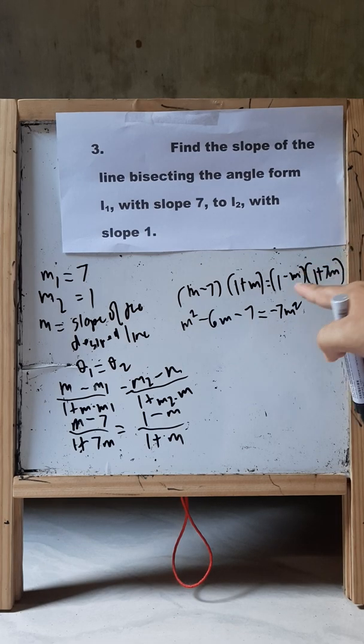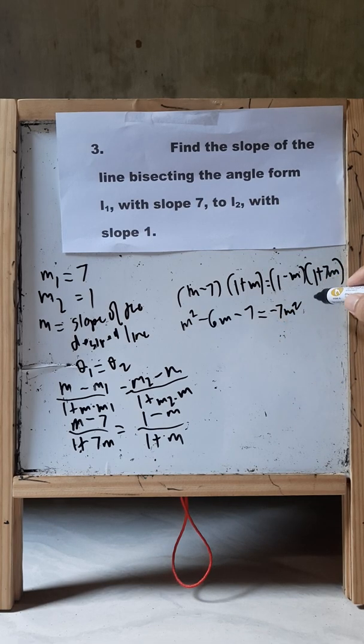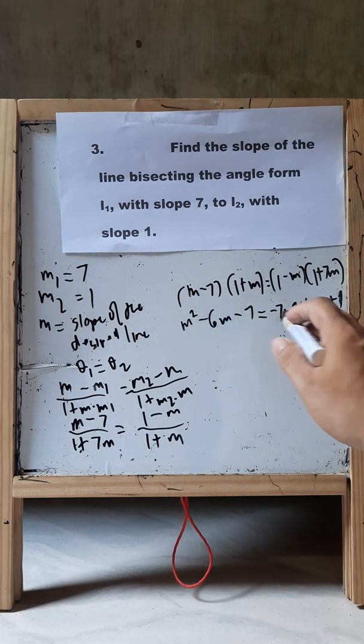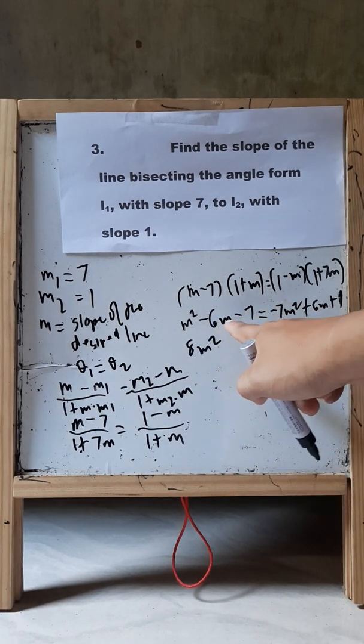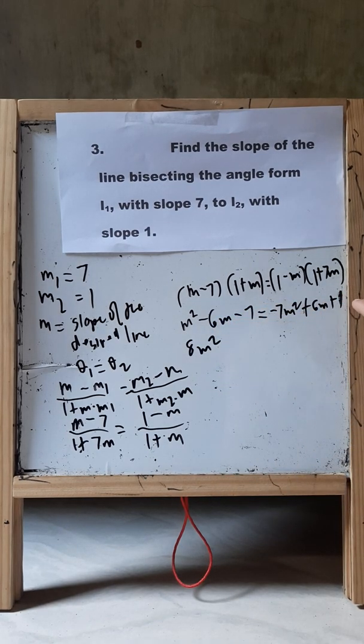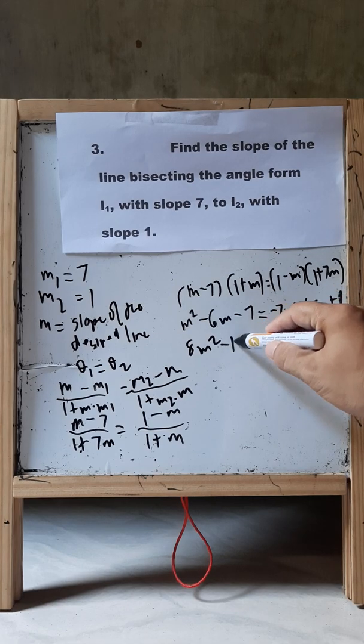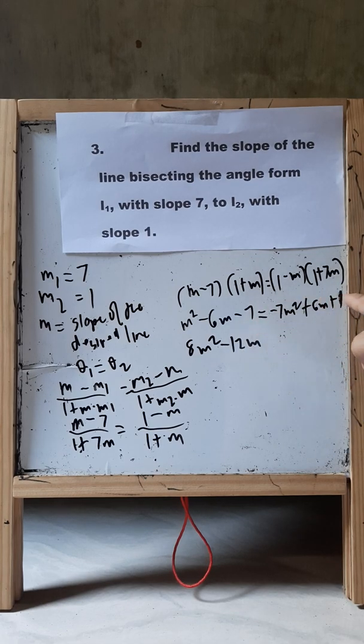Negative M times 7M is negative 7M squared, then plus 6M plus 1. So if we transpose negative 7M squared, it becomes 8M squared. Negative 6M minus 6M is negative 12M. Negative 7 minus 1 is negative 8, equals 0.